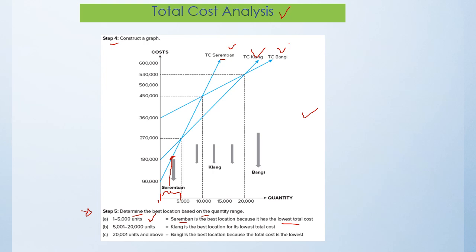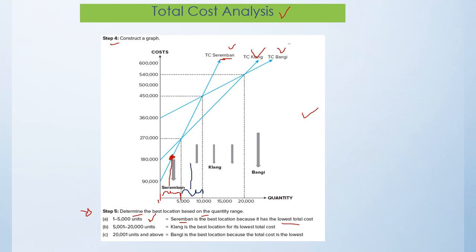How do we know Seremban has the lowest total cost? Because Seremban is the lowest line. We touch that one first. This is the total cost line, so the lowest one is the one that we touch first. So Seremban is the best location for this quantity range only. If the company increases the production from 5,000 until 10,000, now focus on the blue one. What is the best location?